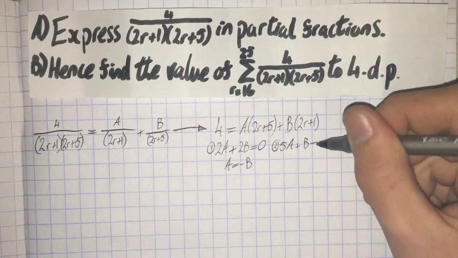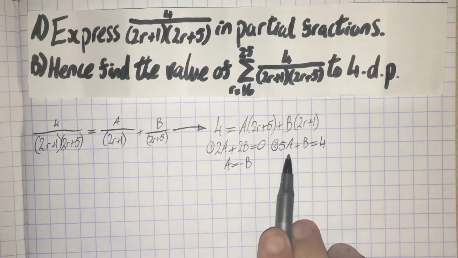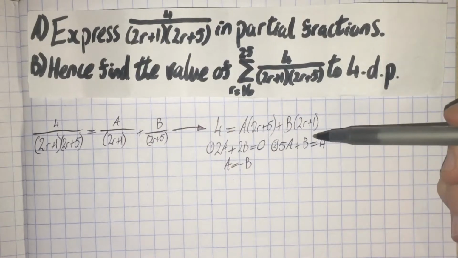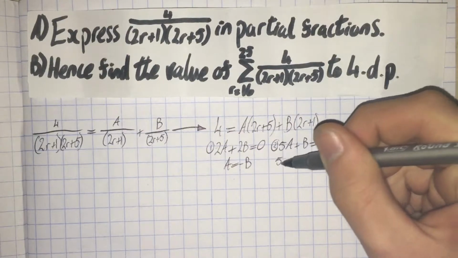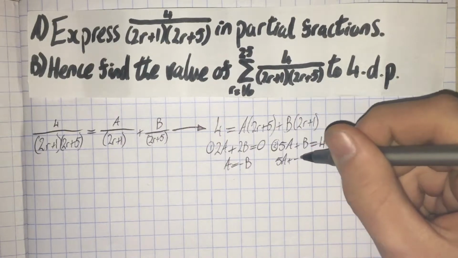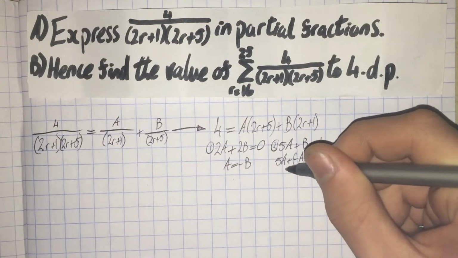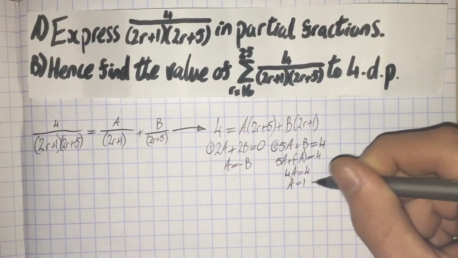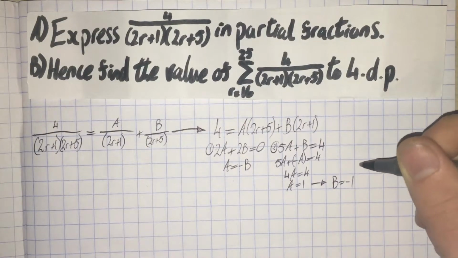Now you may recognize these as simultaneous equations, so we can substitute equation 1 into equation 2, which shall give us 5a plus b, where we know b equals minus a, so that'll be plus minus a, equals 4, which means we have 4a equals 4, a equals 1, therefore we can derive with equation 1 that b equals minus 1.